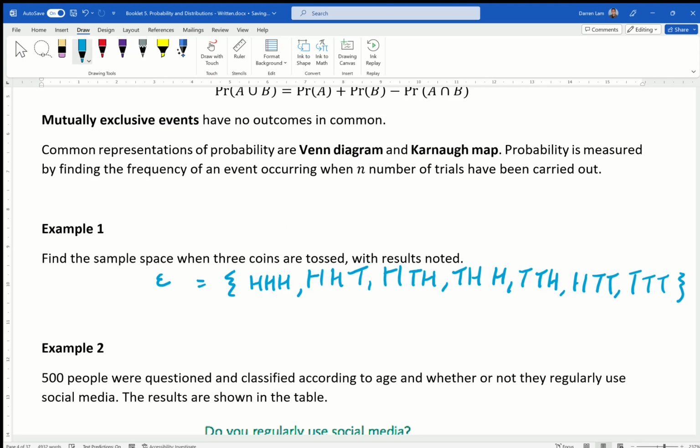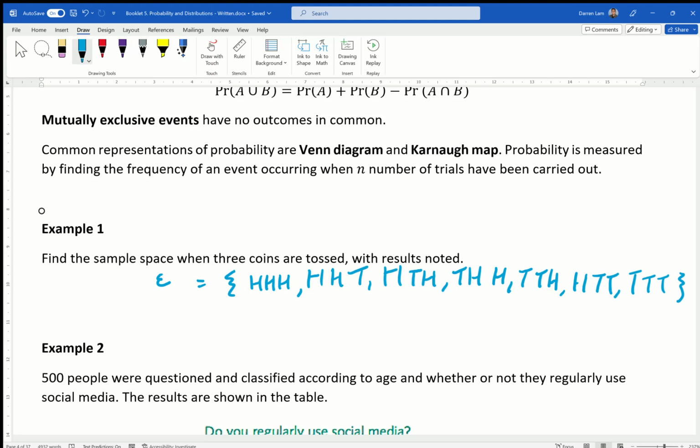How do we know if we've got the right number of solutions or right number of outcomes in this scenario? Do we have the right number? How do we know? Yeah, because this is a very easy mark to lose. Well, we've got 3 coins tossed. Every time if we toss 1 coin, well, of course, we've got 2 outcomes.